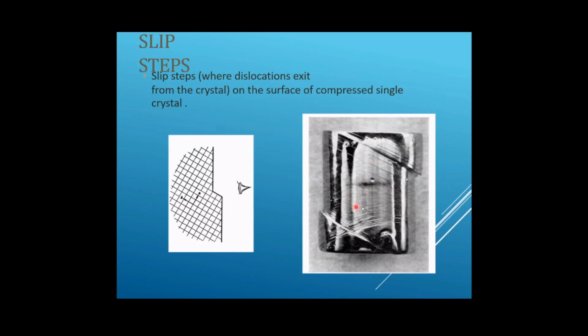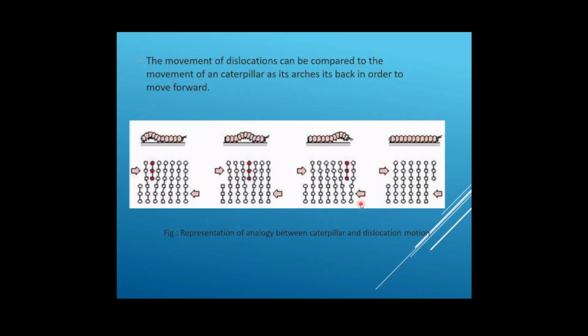This is the best example of slip. The movement of dislocations can be compared to the movement of a caterpillar as it arches its back in order to move forward. These are the different dislocations by means of slip.